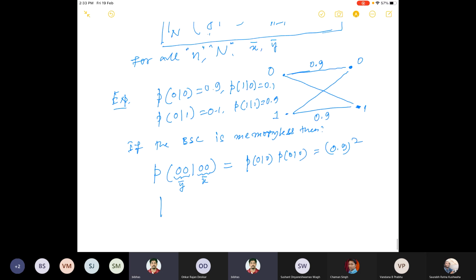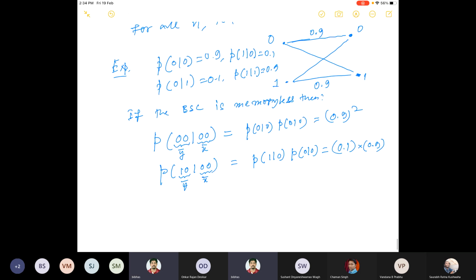Now, what is the probability of 1 0 given 0 0? That means x bar, 0 0, is sent and 1 0 is received. This should be probability of 1 given 0 times probability of 0 given 0, so it is 0.1 times 0.9.